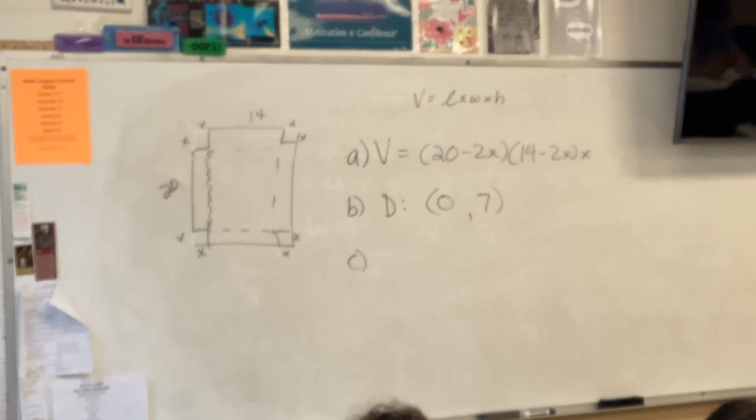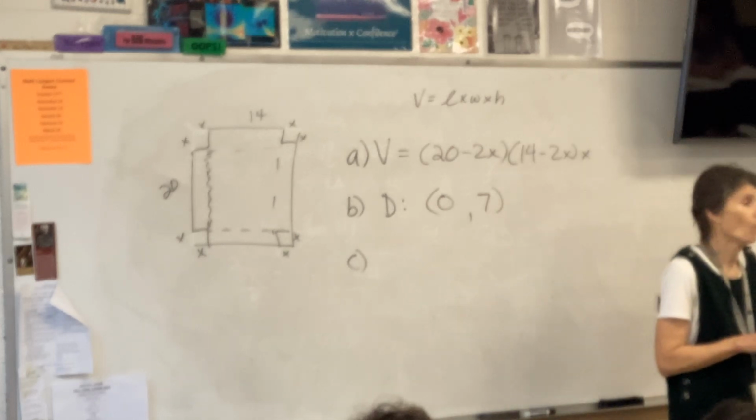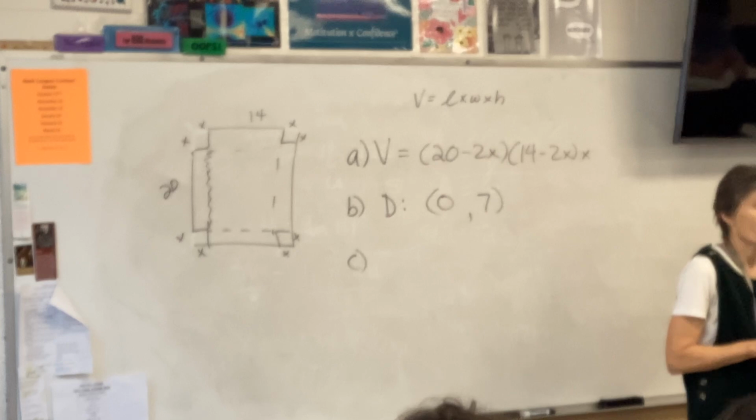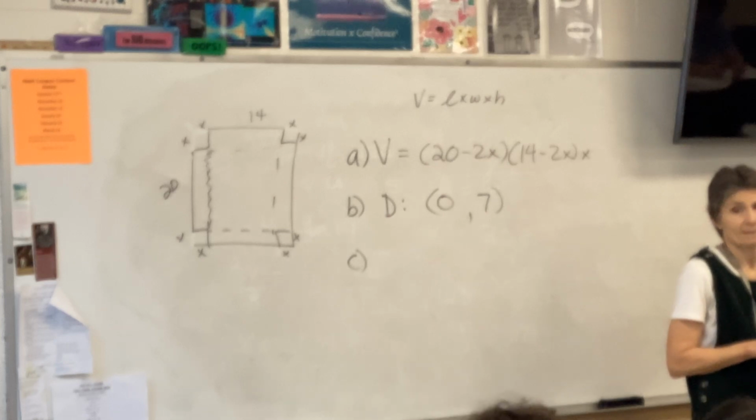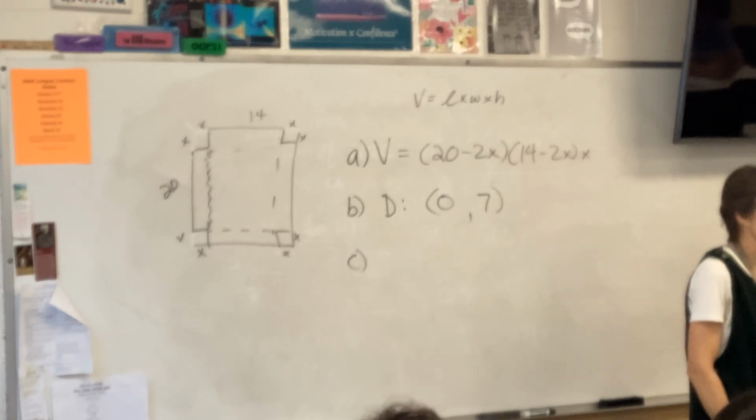What's your minimum volume? 0. Always. You can't have a negative volume, so your Y min is going to be 0. And then do you remember that Y max is the number we just kind of guessed? So 800, somebody said, I'll just use 800.